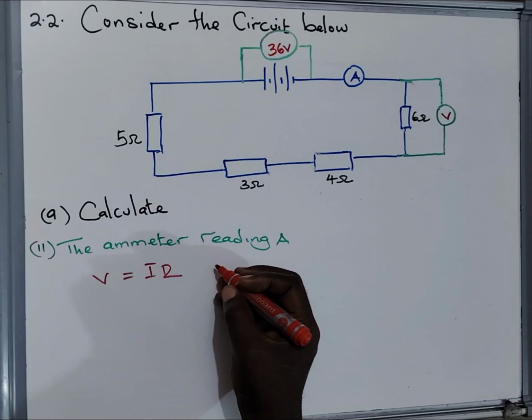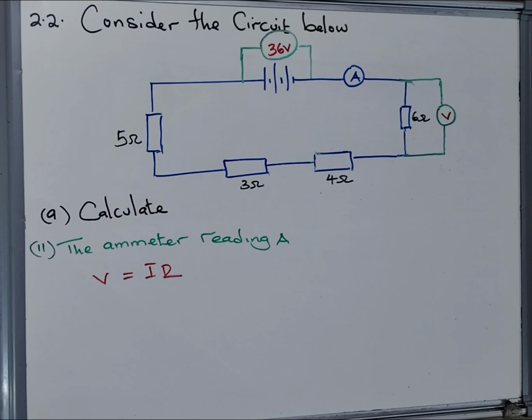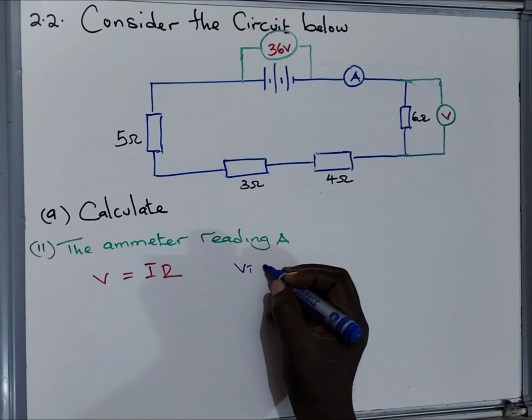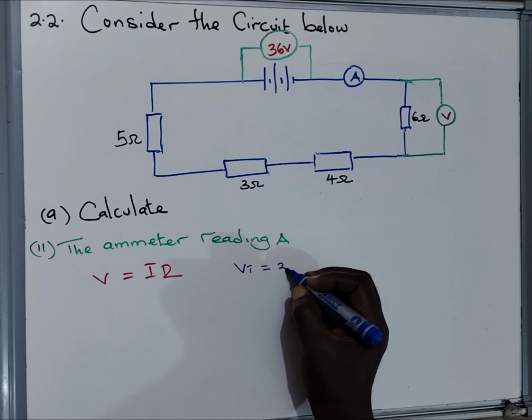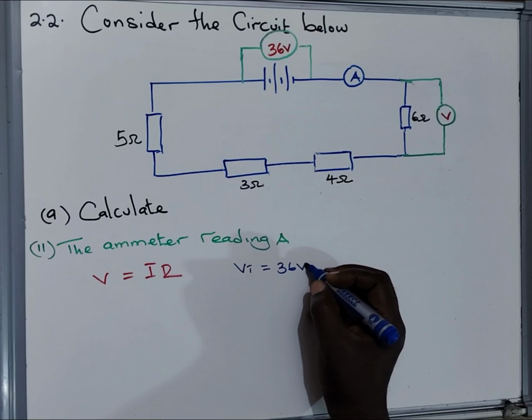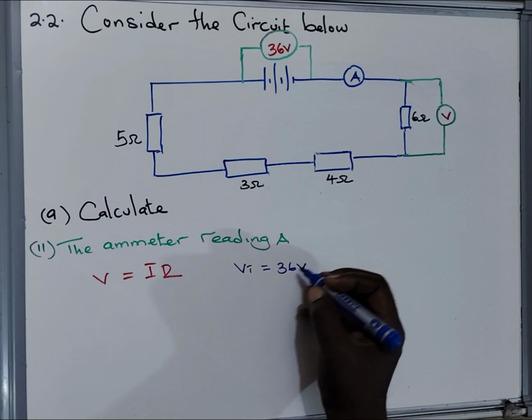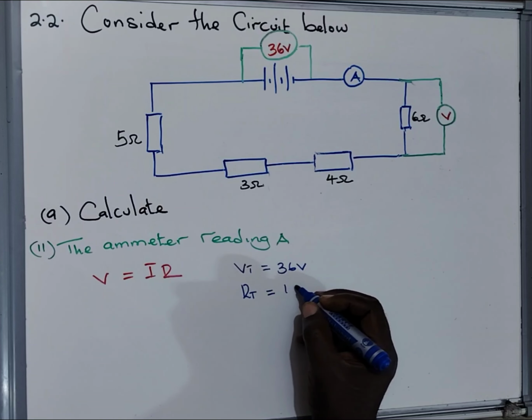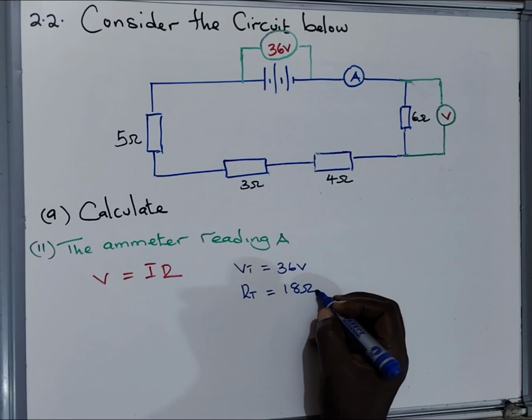And this is what you have to remember. You have to remember that we have our V terminal as 36 volts. And we found our R total as 18 ohm.